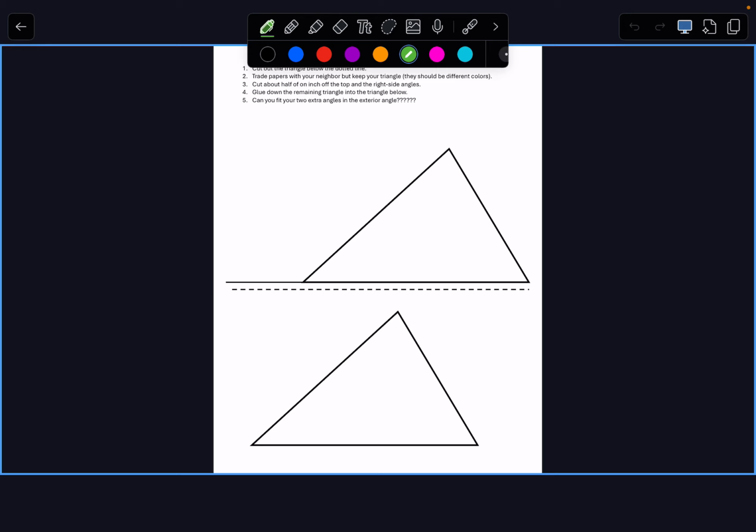So you are cutting out the bottom triangle. Hey people, I need you to cut out the whole triangle, not just the dotted line. Just the bottom one. Just the bottom.